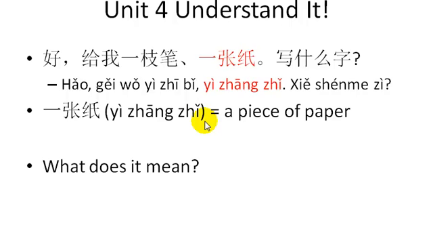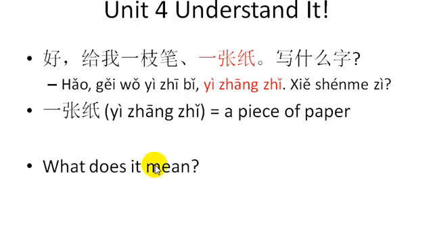Pay close attention to this. We would say, give me a pen and a piece of paper in English. But notice how in Chinese, they don't have an and. It's just 给我一支笔,一张纸. Give me a pen and some paper. Now, what does this mean?